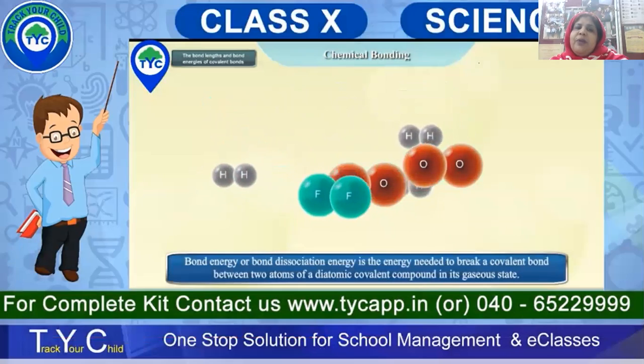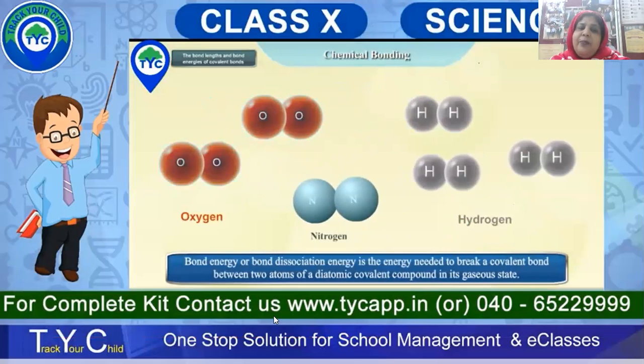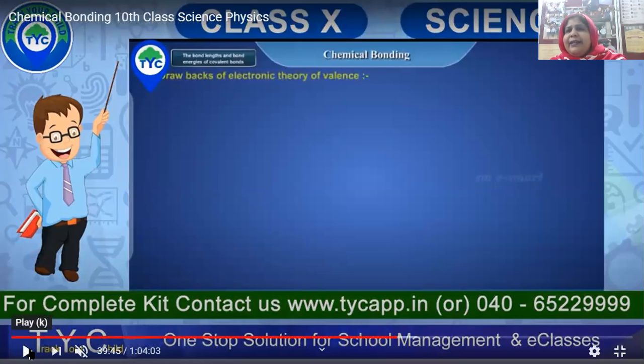So bond energy or bond dissociation energy is the energy needed to break a covalent bond between two atoms, or in a diatomic covalent compound in its gaseous state. We have already done it in the earlier classes. In electrolysis, we are using electric energy to separate hydrogen and oxygen, and they are liberated in the form of gases.